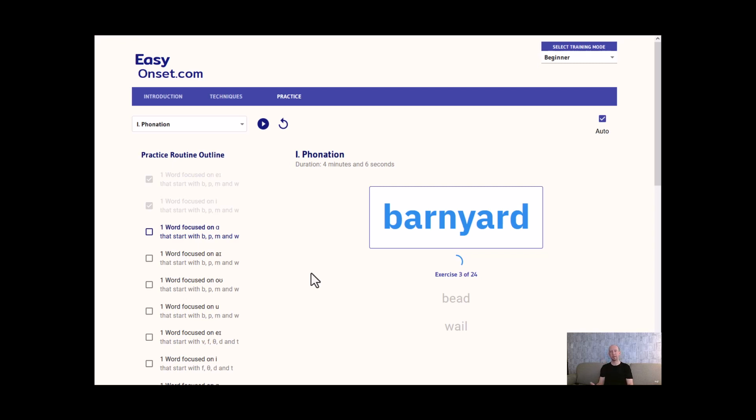So then, to directly compare these two things, which kind of share the same name, we would have barnyard or barnyard.